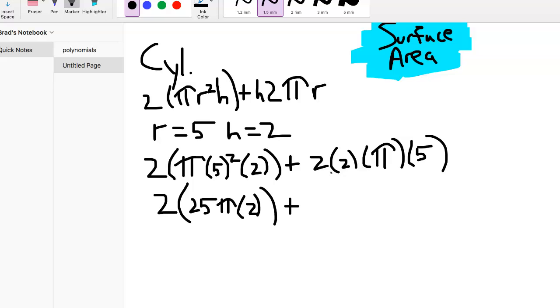2 times 2 is 4, so we'll call this 4 pi. And we've still got our 5 there, right? Okay. Now, in here we have 25 pi times 2, so that's going to be 50 pi.